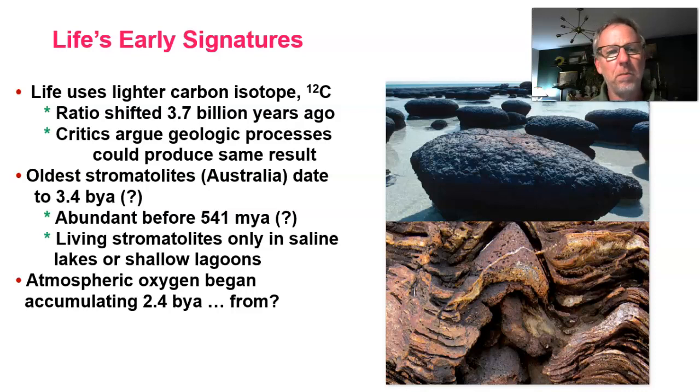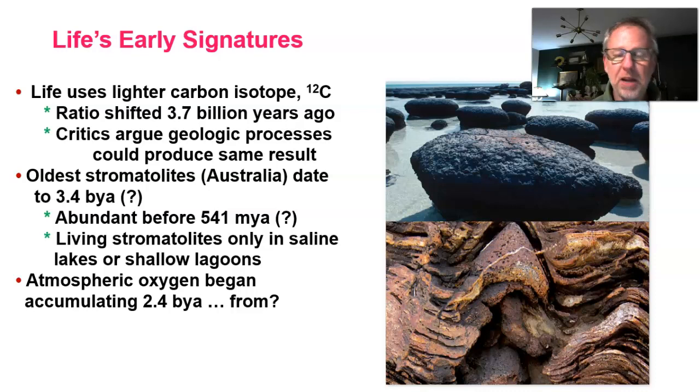Now, 2.4 billion years ago, that is before eukaryotic life was around. So what kind of life forms would have been around 2.4 billion years ago? Bacteria and archaea. Well, what primary type of bacteria does photosynthesis? Cyanobacteria. And the fossil record shows that cyanobacteria arose close to this time.